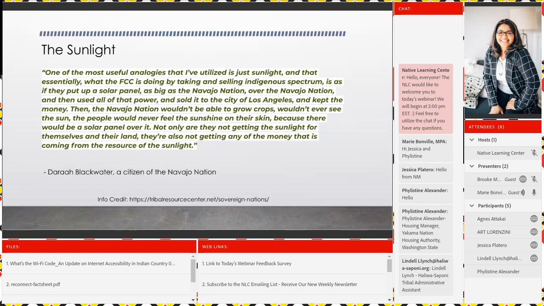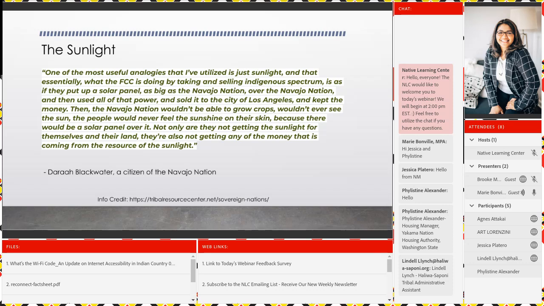She argues one of the most useful analogies to utilize is the sunlight, in that essentially what the FCC is doing by taking and selling indigenous spectrum is as if they put a solar panel, think about a solar panel as big as the Navajo Nation, over the Navajo Nation, and then used all that power and sold it to the city of Los Angeles, right?